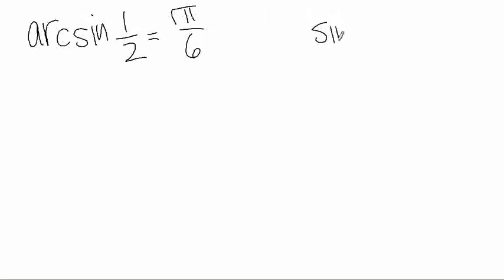So the arcsine of 1/2: if you understand the definition of arcsine, you can determine that the arcsine of 1/2 is pi over 6. One way to do that is to ask yourself the sine of what angle is equal to 1/2 with respect to the necessary limited domain, and the sine of pi over 6 is equal to 1/2. So that's how that could be determined without a calculator.